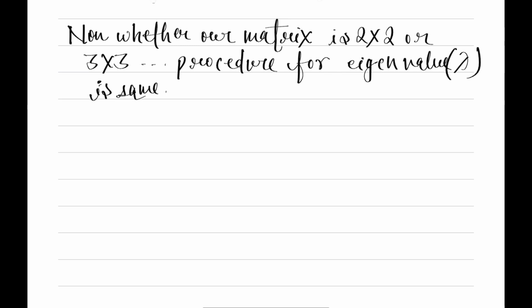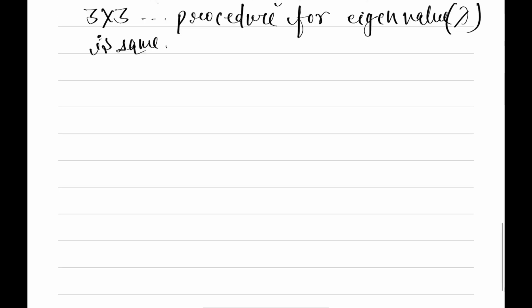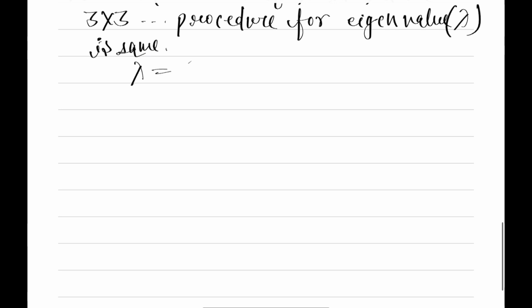So we don't have any shortcut for calculation of eigenvalue. But in the case of 2 cross 2, we have one trick to calculate the eigenvector directly. We will use that trick. First, we will use lambda is equal to 4.